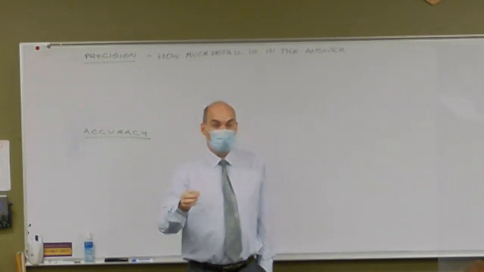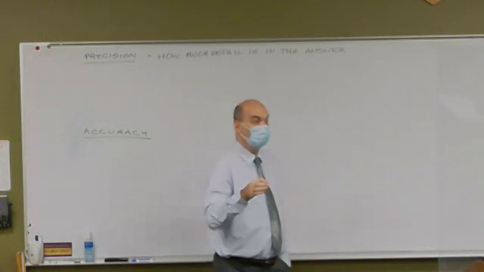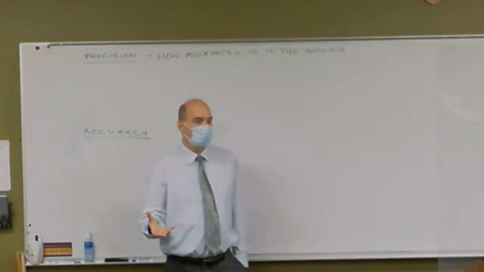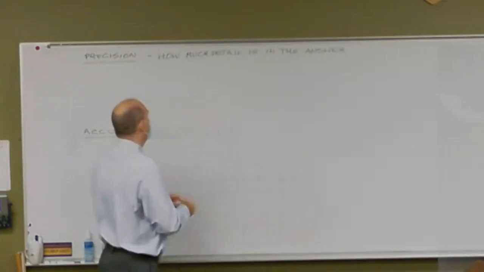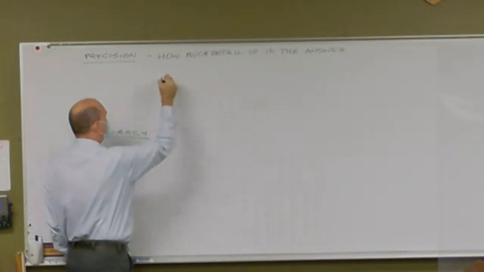If we asked you all to measure an object and you all got exactly 10.00 grams, then we would feel fairly confident that that was the answer. So the precision is how much detail is in the answer.